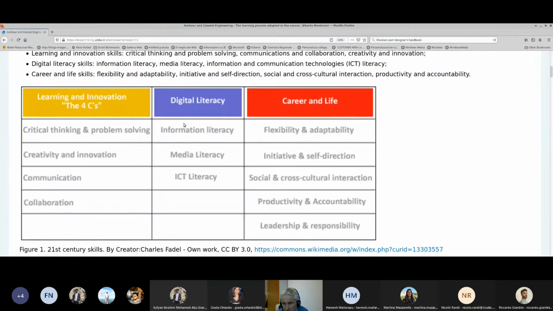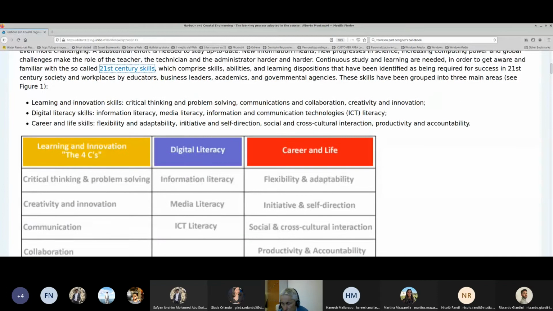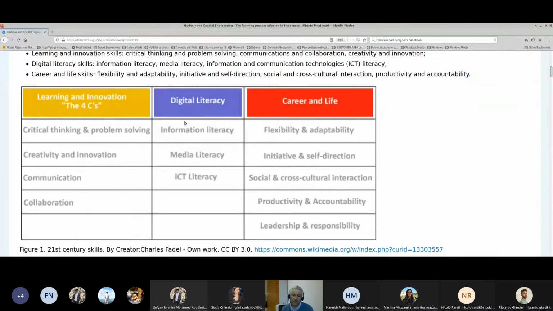What is this table? It's presenting the so-called 21st century skills. It's a presentation of what some researchers working in social sciences think are the essential skills that a professional worker in the 21st century should have.